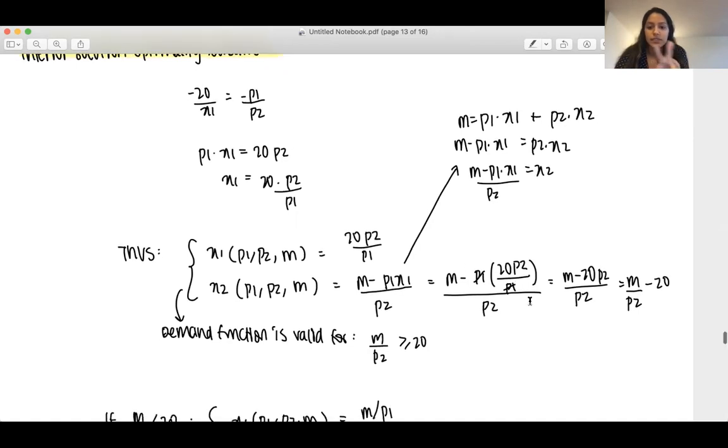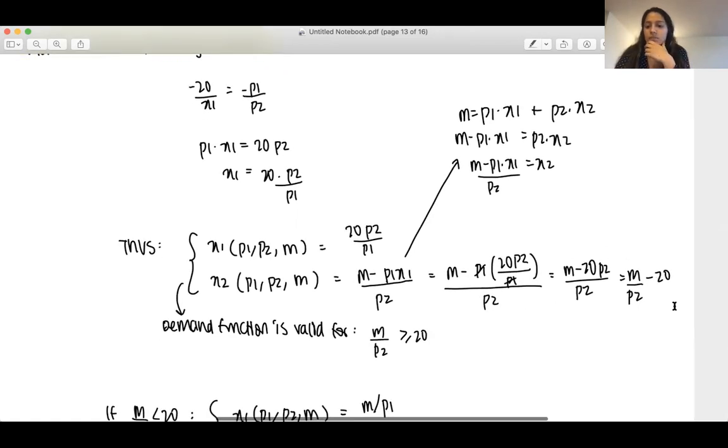And as you can see, the P1s cancel out and this is what it becomes ultimately. This looks a little bit messy, but when you do it in an exam, all you need to write is this part, 20 P2 over P1, and then this for the X2 part.